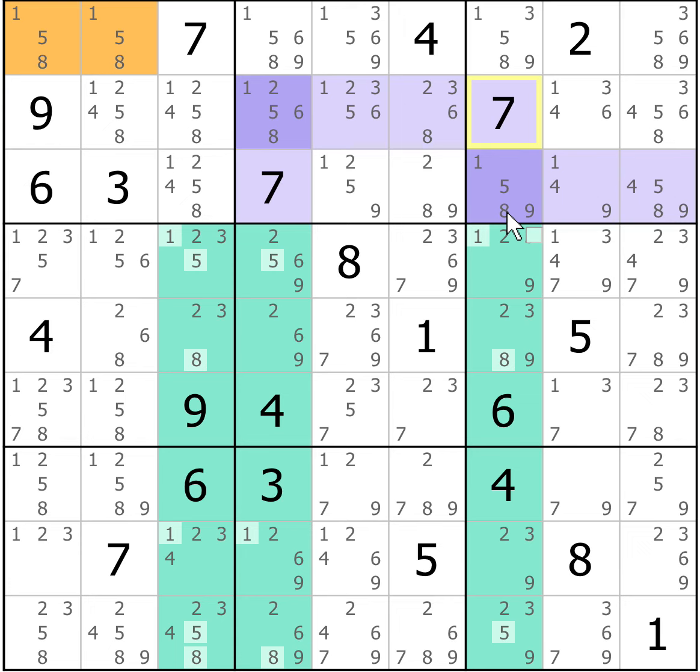Okay, that means we're ready to make some eliminations. We can see then straight away that in the target cell 1, 2 and 6 are excluded.